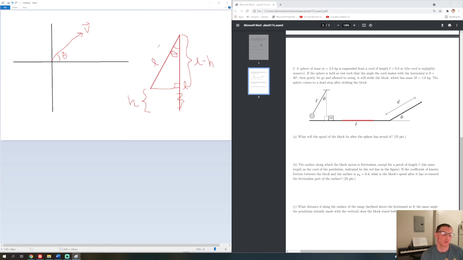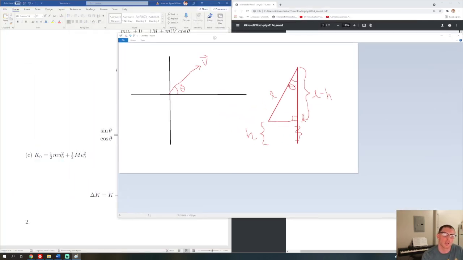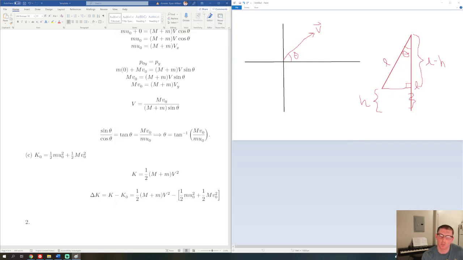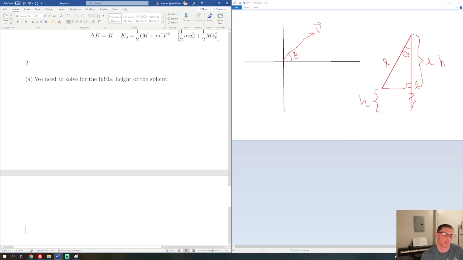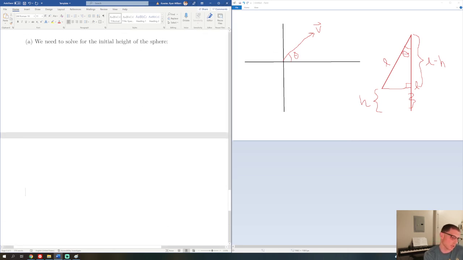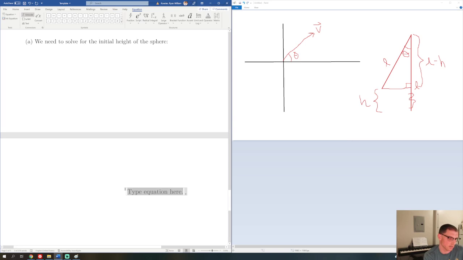And so now we can do cosine is what I think we want to do here, right? Is the sketch clear for everybody, first of all? Because when we take cosine of theta, we just do adjacent over hypotenuse, right?